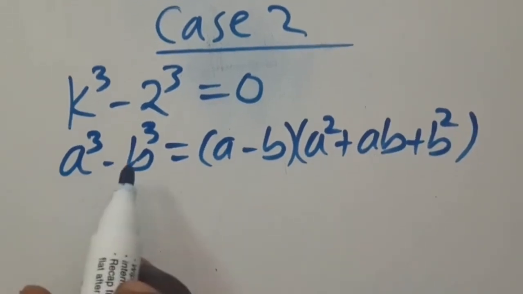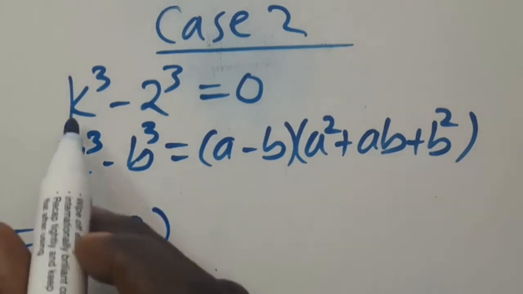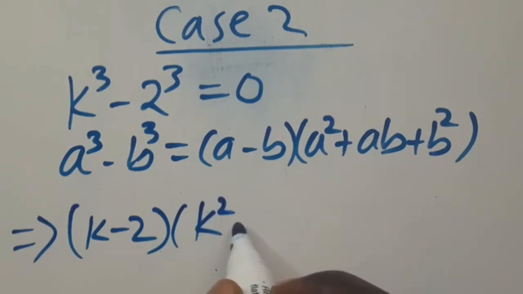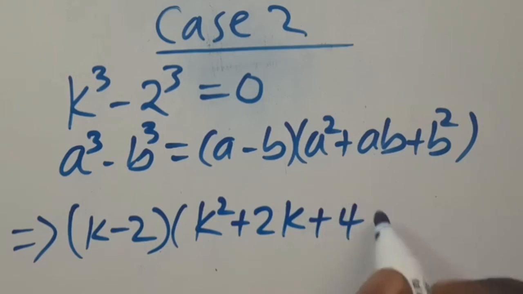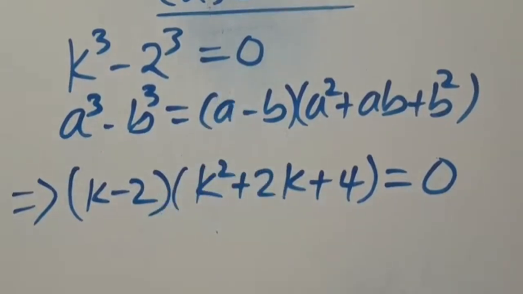So by applying it here, we realize that we have this to be k minus 2, because our a is k, our b is 2. Here will now be k squared plus 2k plus 4 equals 0. We set everything to be equal to 0.